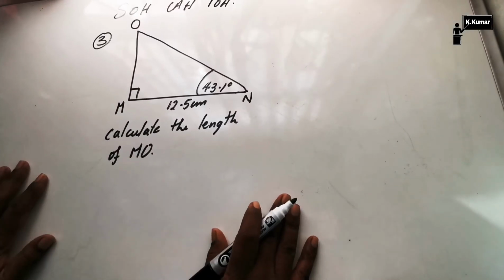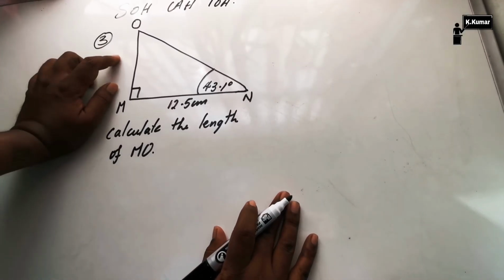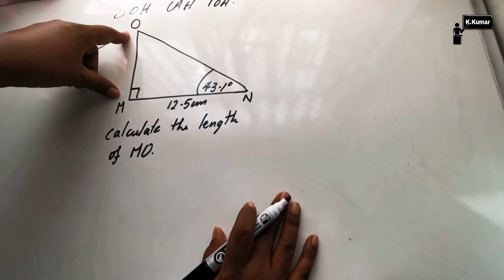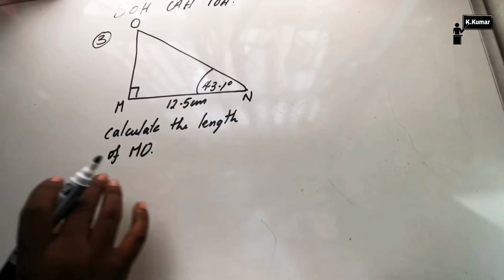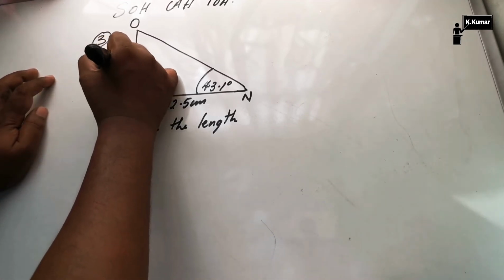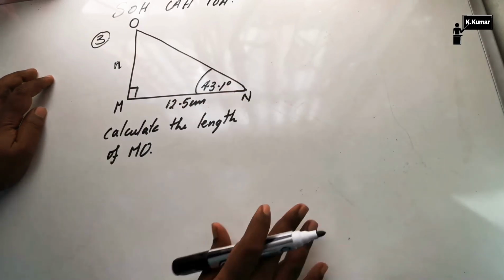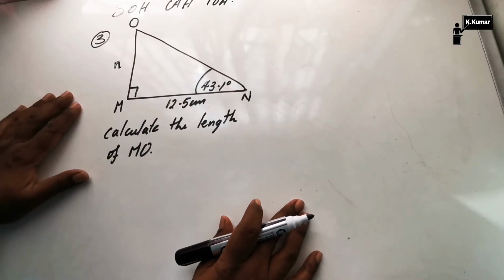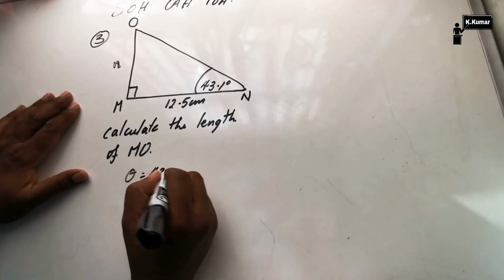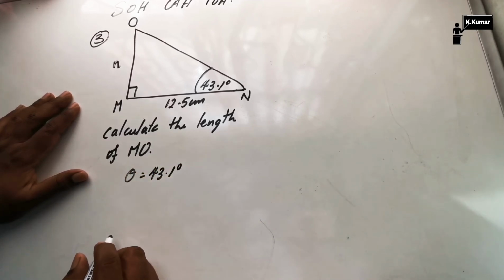Alright, another example. Again, we have a right angle triangle and we have to calculate the length of MO. That is the length of this side. Let's call this side N, because it is opposite this angle. Again, what is given? Theta is equal to 43.1 degrees.